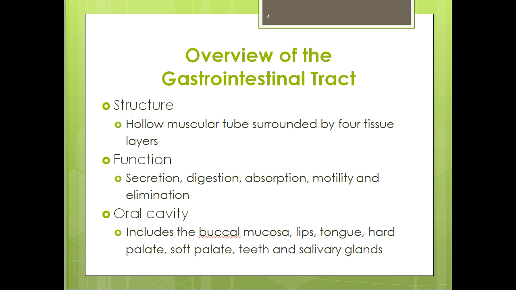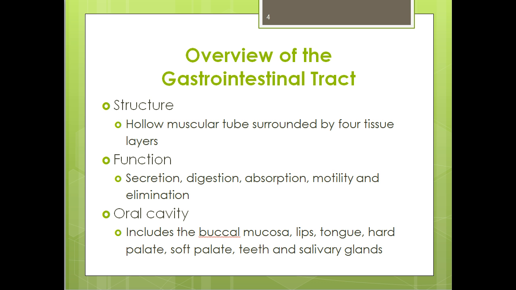Small projections called papillae cover the tongue and provide a roughened surface, permitting the movement of food in the mouth during chewing. The hard palate and the soft palate together form the roof of the mouth. Teeth function to prepare food for digestion by cutting, tearing, crushing, or grinding the food. Swallowing begins after food is taken into the mouth and chewed.